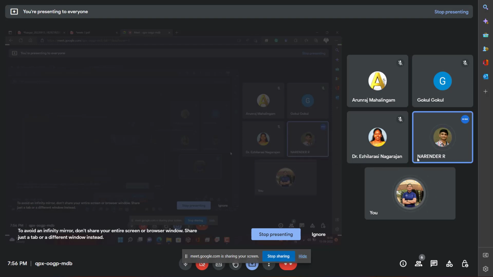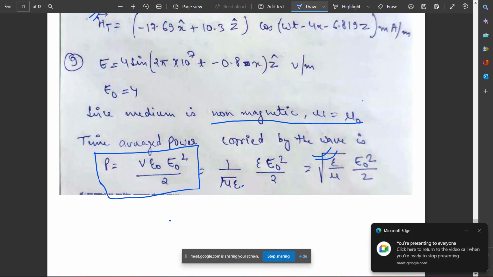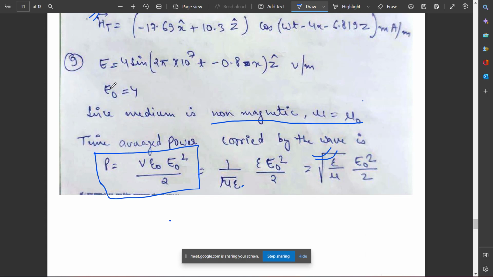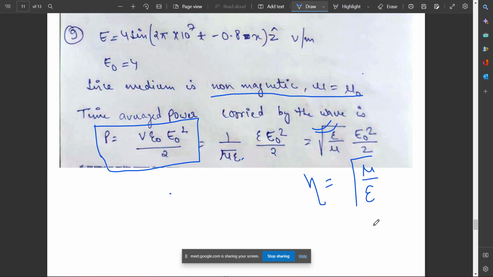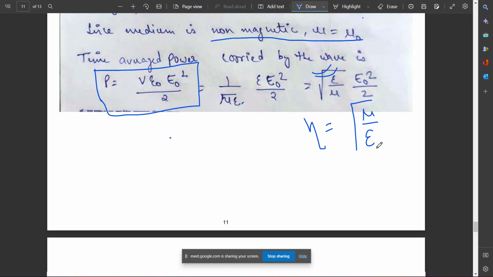Yes, so we can do that. Eta is equal to. Anyway, for time average power we can directly come here.